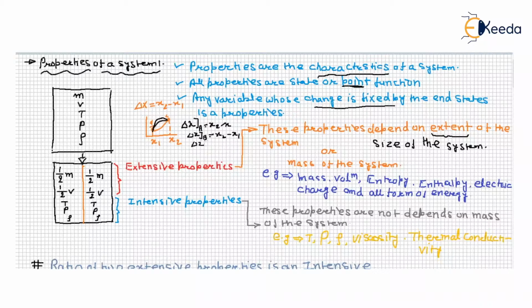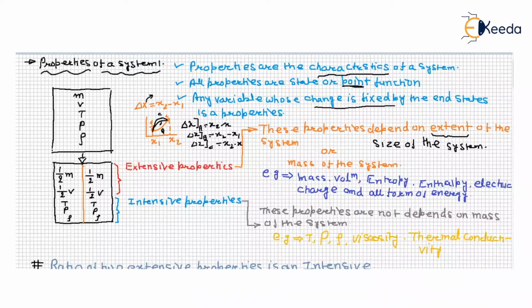That means for any variable, let's suppose x, whose change is fixed, right? For all the processes, let's suppose this is A, this is B, this is C, during all processes the change of x is fixed. That x is known as a property of the system, right?